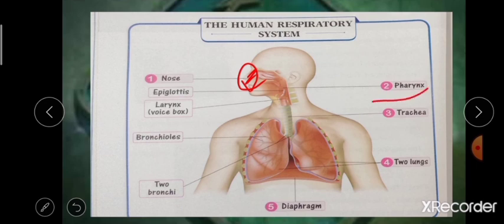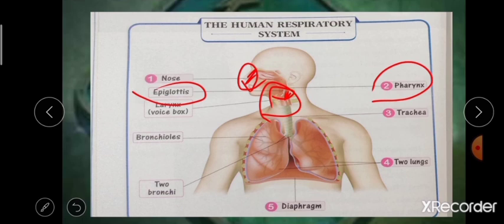After that, the pharynx is a common cavity between the esophagus and trachea. At the top of the trachea, there is an epiglottis to close the trachea while swallowing. Also, there is a voice box under the epiglottis and at the top of the trachea.